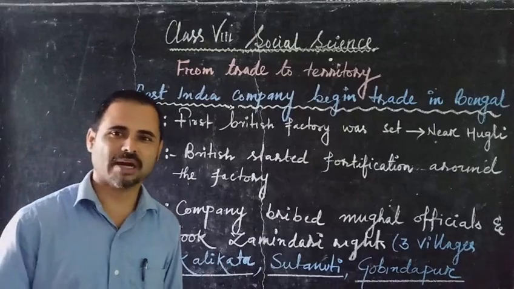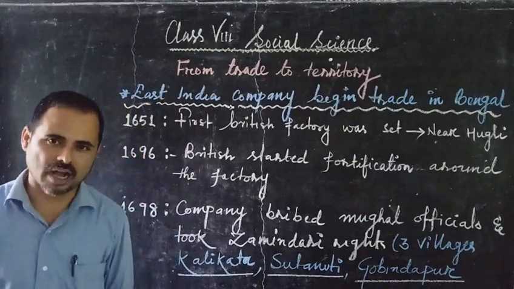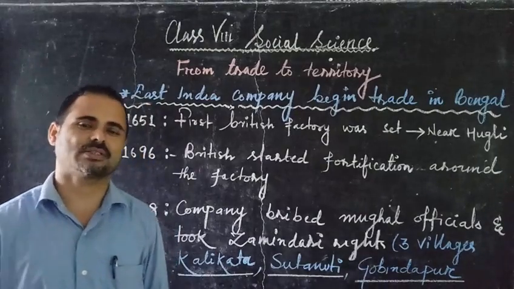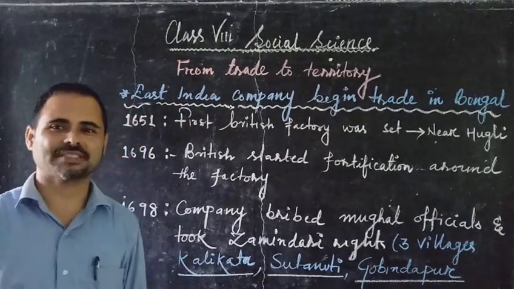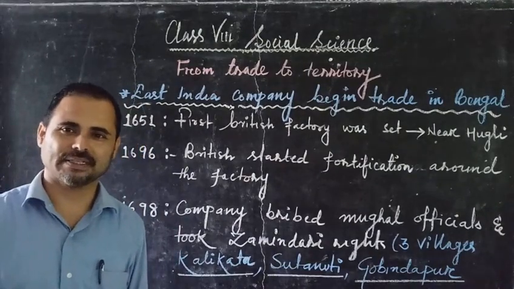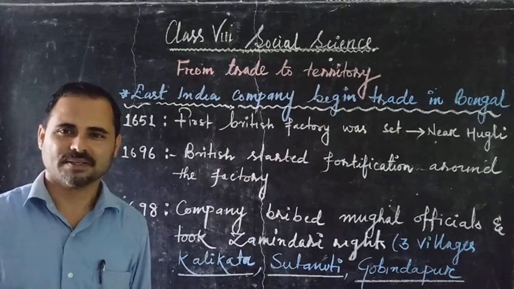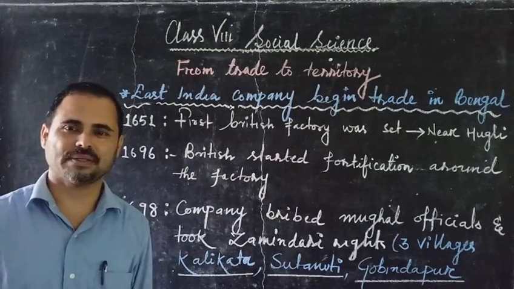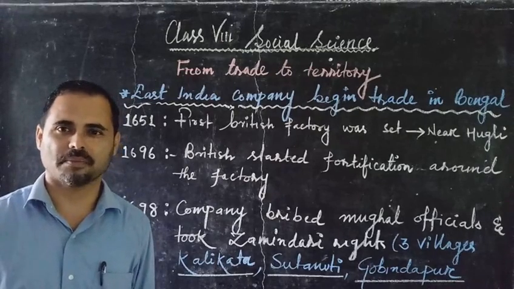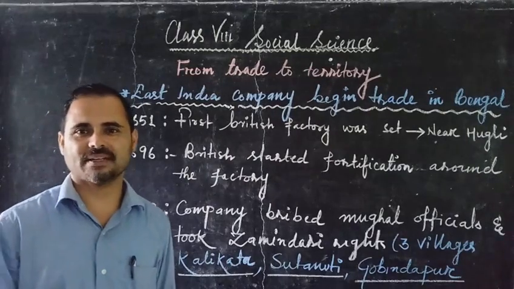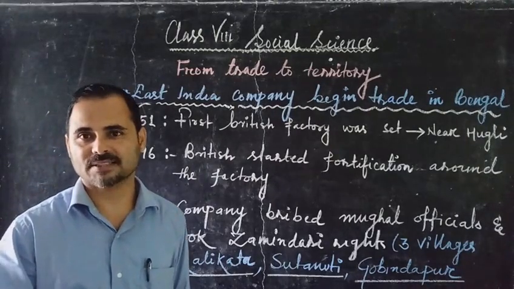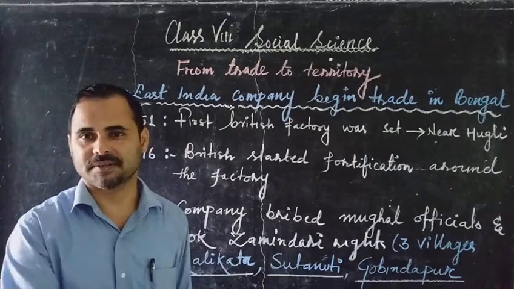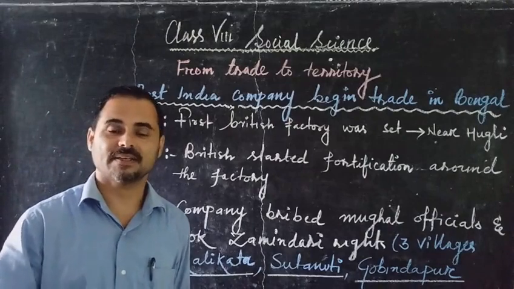The Nawab marched along with his army of 30,000 plus soldiers to attack the company, and this was the first battle between the company and the Nawab. This battle came to be known as the Battle of Plassey. What happened in the Battle of Plassey? Let us see.